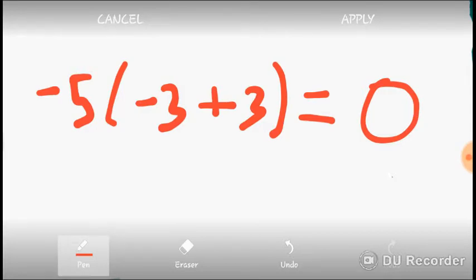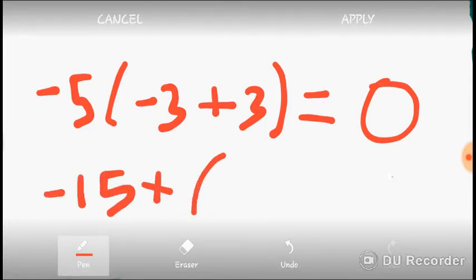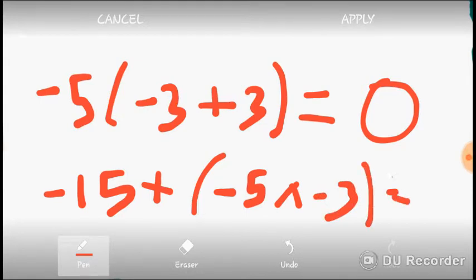So minus 5 into plus 3 will give us a negative number, that is minus 15. Now the problem lies with minus 5 into minus 3. So whatever the result is, let us write it in brackets as it is, equal to 0. Now minus 15 plus (minus 5 into minus 3) will give us 0.